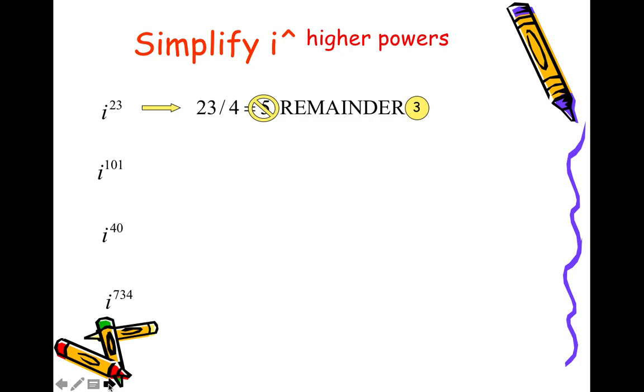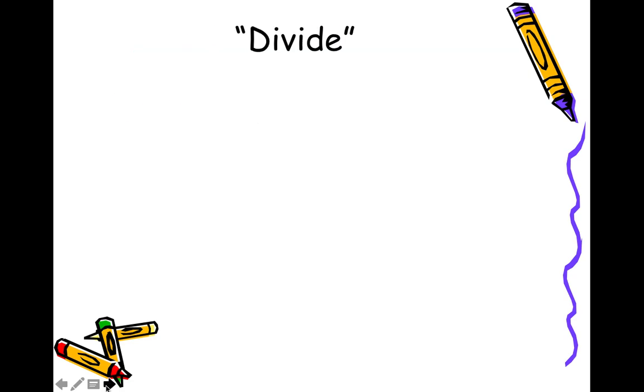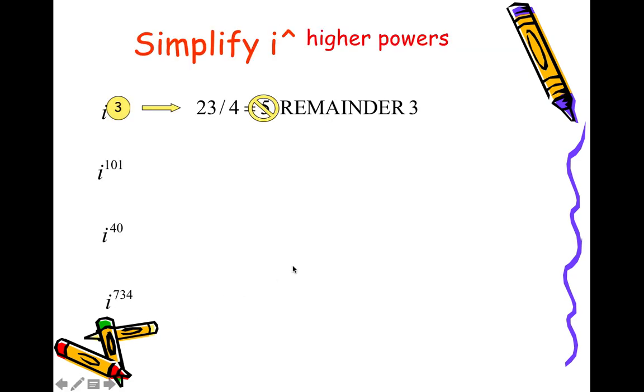So notice what I'm going to do with that remainder. Turn that 23 into an i cubed, and hopefully you've memorized what i cubed is. Right? i cubed is -i. So how about 101? So this is technically i to the remainder of 101 divided by 4.